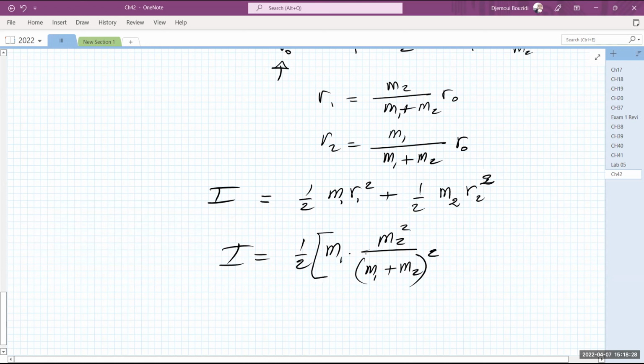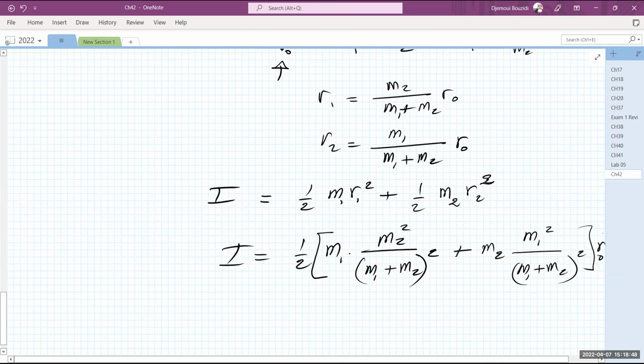So the 1/2, by the way, and the R naught squared are going to come out. So I'm going to be left only with the mass terms in here, times M2 times, again, this number squared, which is M1 squared over (M1 plus M2) squared.